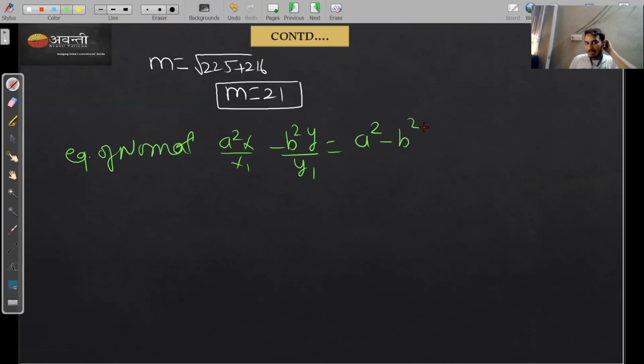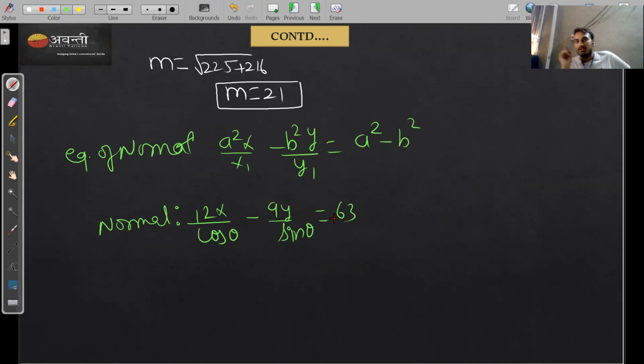You know a, b, x1 and y1. So the equation of normal that you get is 12x by cos theta minus 9y by sin theta is equal to 63.